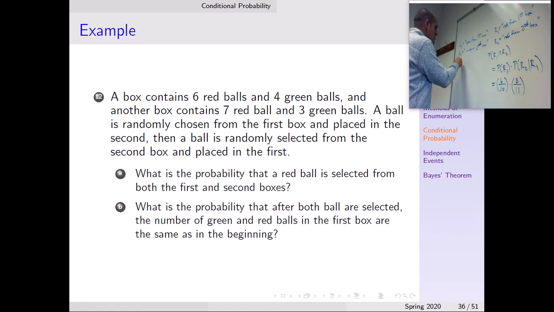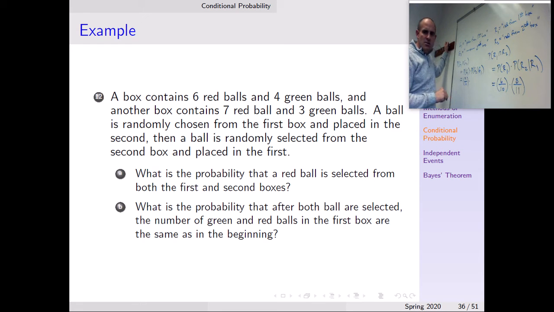let's think about this. What is the probability of G1 and G2? Well, it's the probability of G1, so we select a green from the first box, times the probability that we get a green from the second box, given that we got a green from the first box. And in a similar way to what we did for this other computation, the probability of green from the first, that is 4/10.